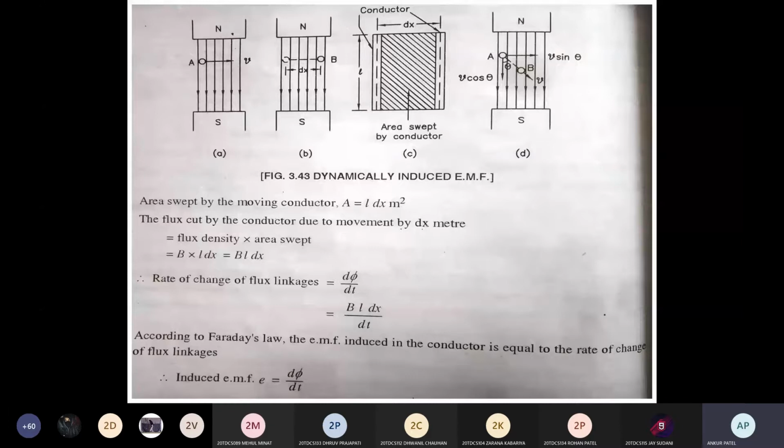The rate of change of flux linkage is given by d phi by dt, so it is equal to BL dx by dt. According to Faraday's law, the EMF induced in the conductor is equal to the rate of change of flux linkages. So we can write induced EMF is equal to d phi by dt.